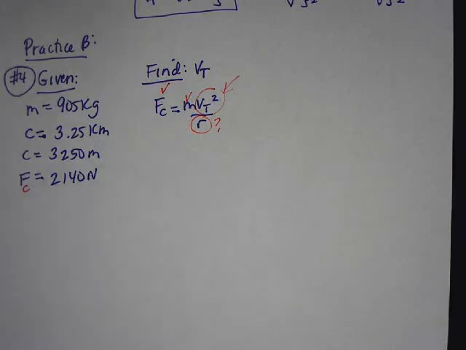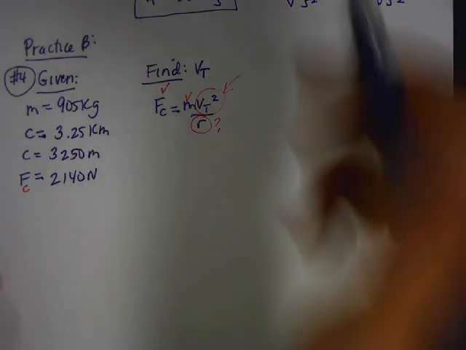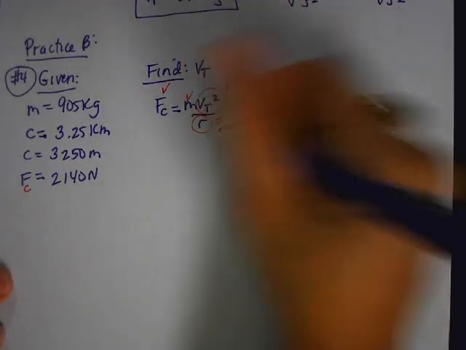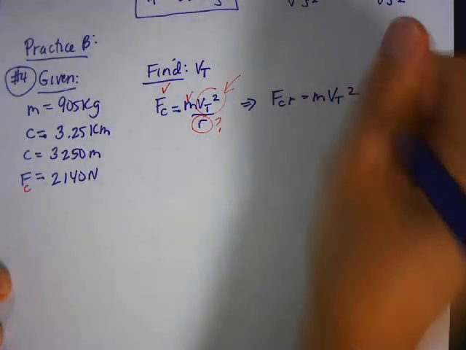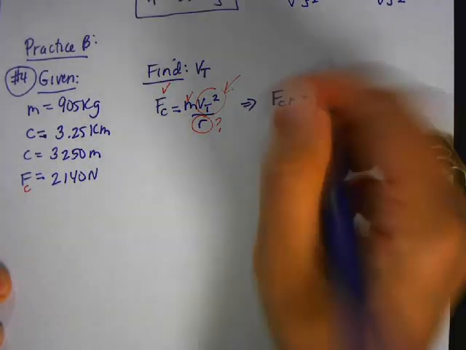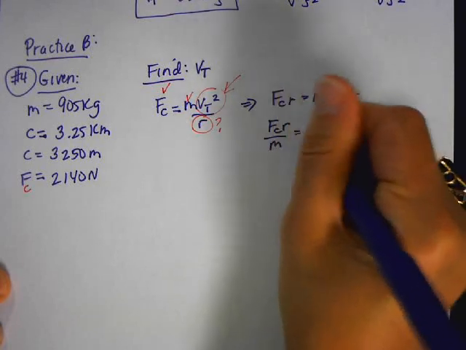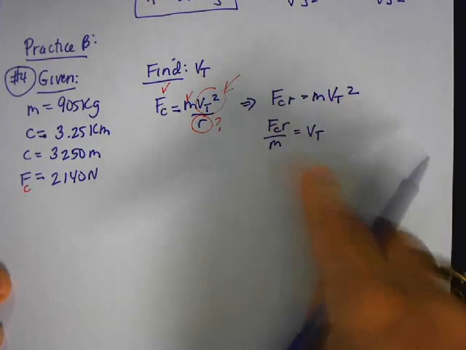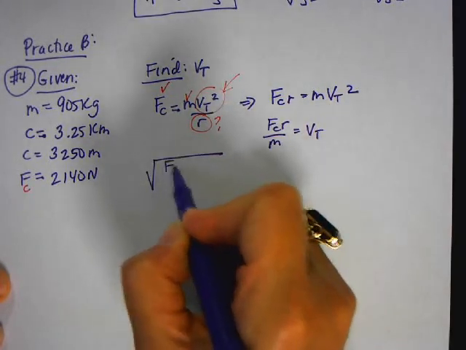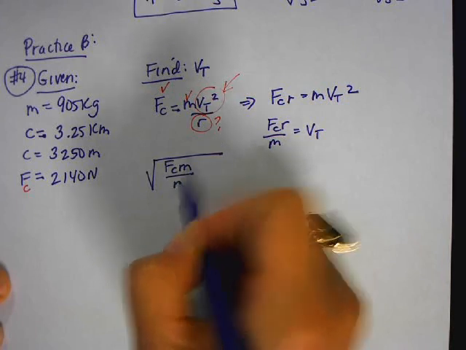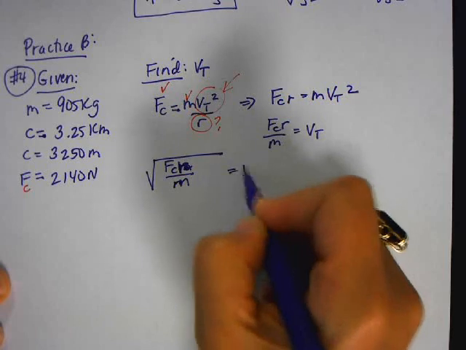So I'm going to rearrange this equation to solve for Vt. First I'll multiply both sides by r, so centripetal force times r is m vt squared. I'll divide both sides by m. So Fc times r divided by m is equal to Vt squared, and then I'm going to take the square root of both sides. So the square root of Fc times r over m is equal to Vt.